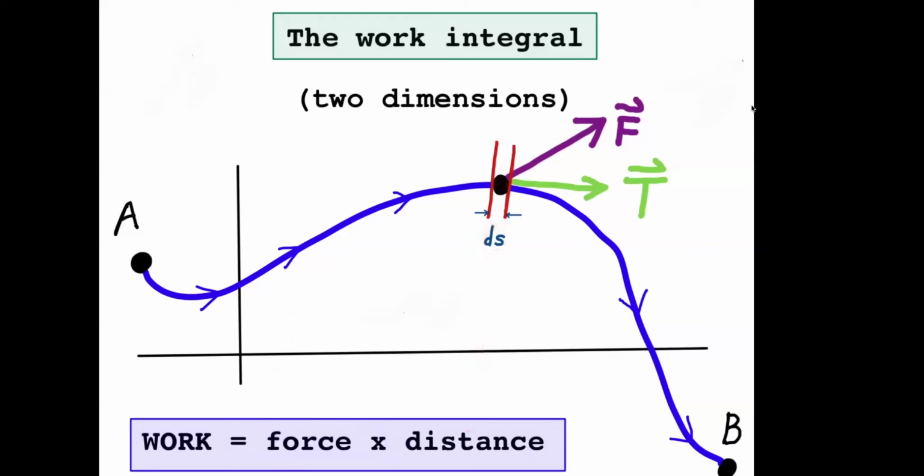Okay, and then the question is how much force is involved? Well, the force vector points along some direction. But the part that's helping us to move along the curve is the amount of force that's directed in the direction of motion of the curve.